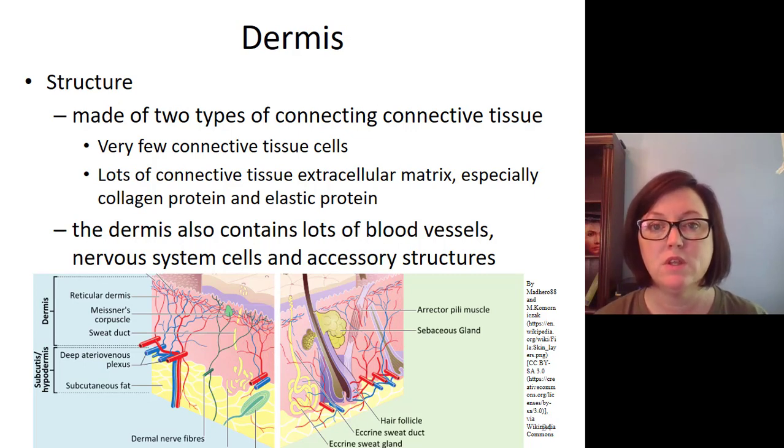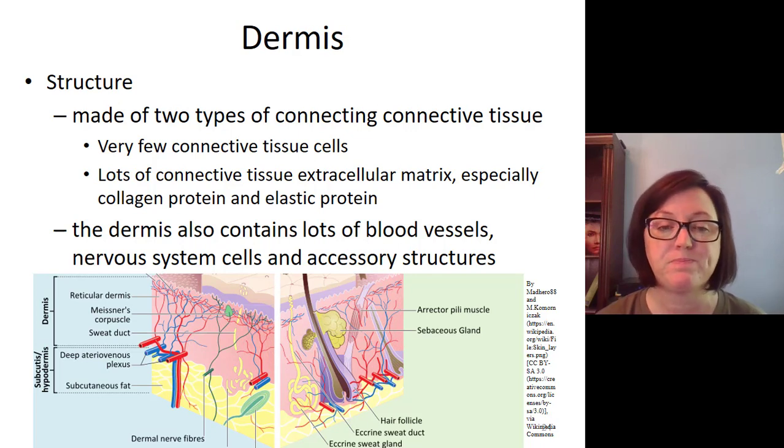In the dermis, the majority of what we're looking at is going to be extracellular matrix. So it's going to be collagen protein and elastic protein, and not a lot of connective tissue cells. There will be some fibroblasts because these are the cells that produce the collagen and the elastic protein.